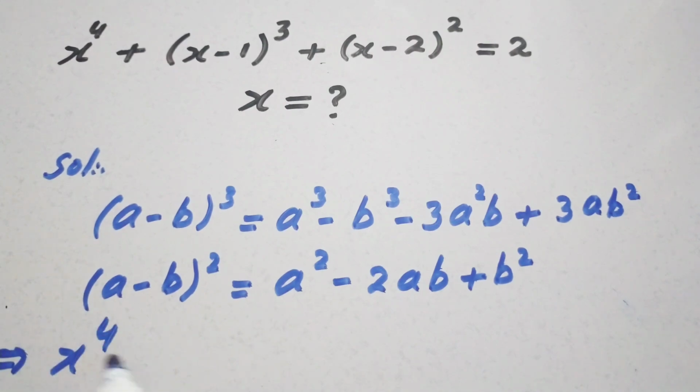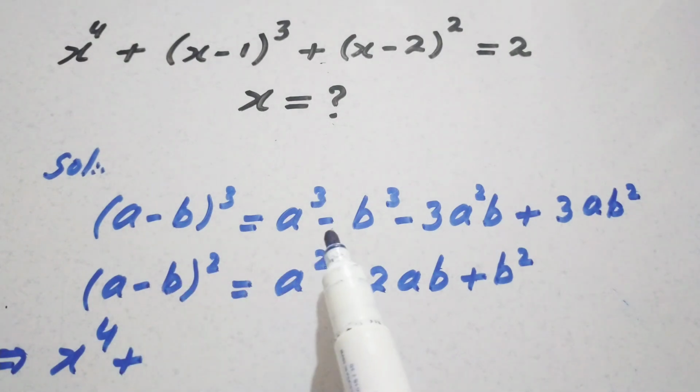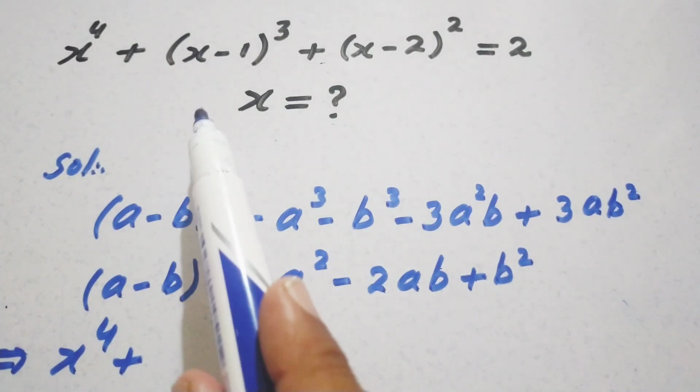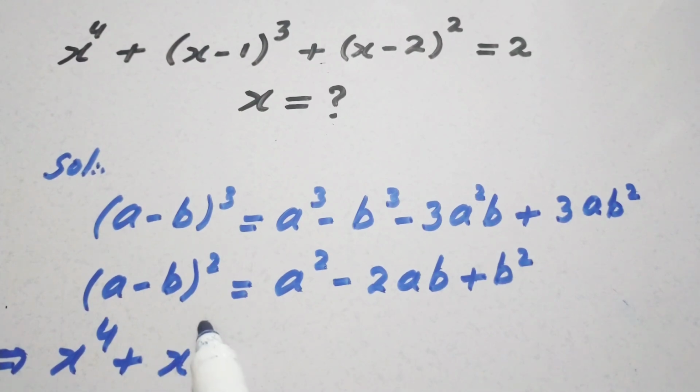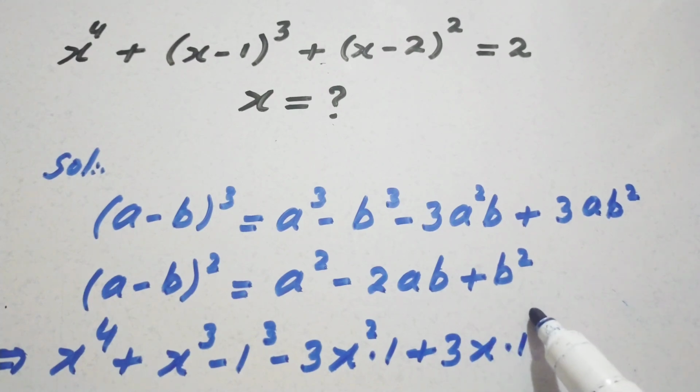x power 4 plus, here (x minus 1) whole cube, we will use this algebraic identity (a minus b) whole cube is equal to, here x cube minus 1 cube minus 3, here a is x squared and b is 1, plus 3, a is x, b is 1, b squared 1 squared.